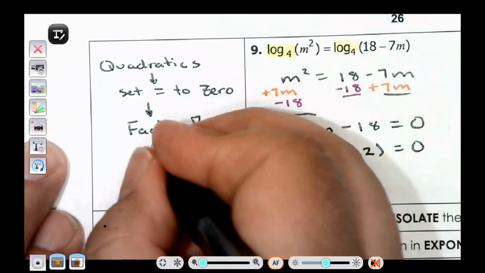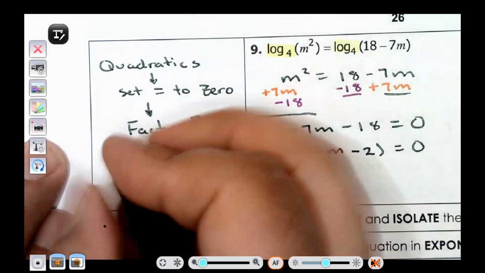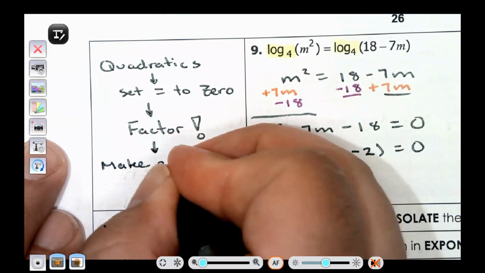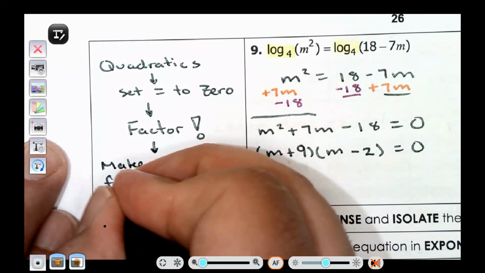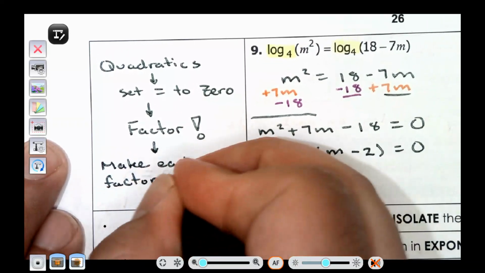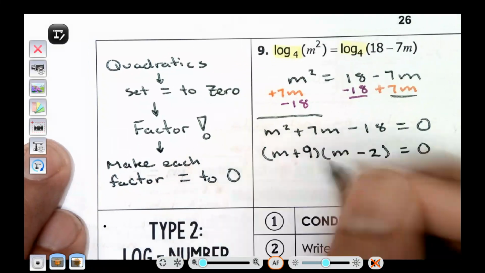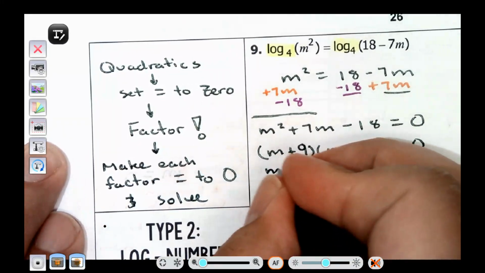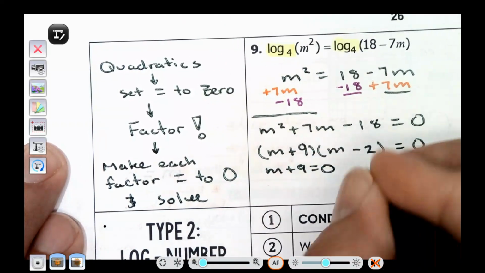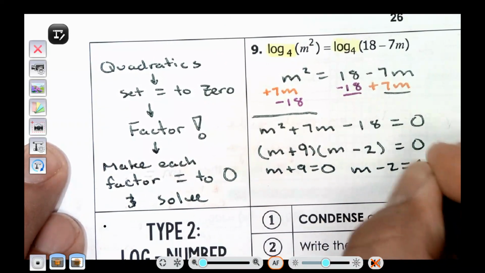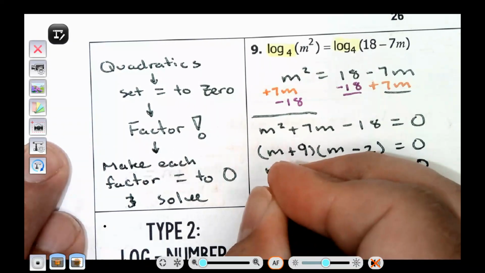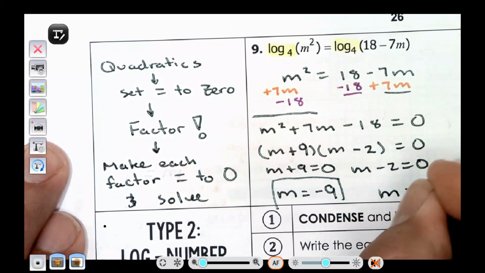Now, of course, I'm going to use the zero product property, which means make each factor equal to 0 and solve. So I make m plus 9 equal to 0. M minus 2 is equal to 0. And just like that, because we're out of space, m is negative 9. And m is equal to positive 2.